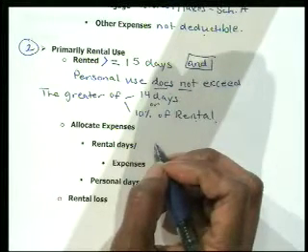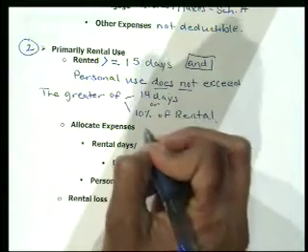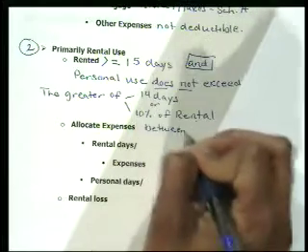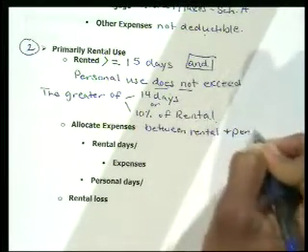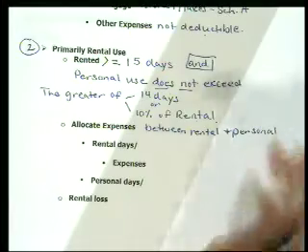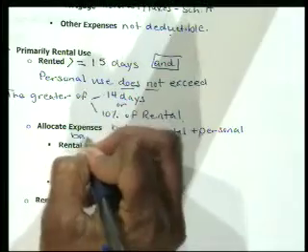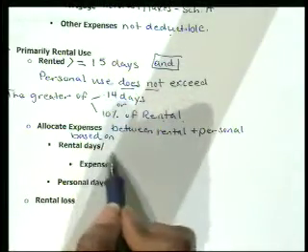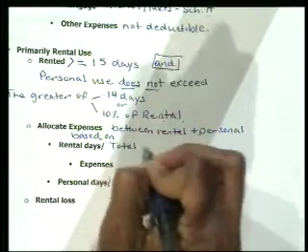When it's primarily rental use property, I want to allocate the expenses between rental and personal. They're still not going to let you take those personal expenses. I'm going to do that allocation based on the rental days divided by the total days used.